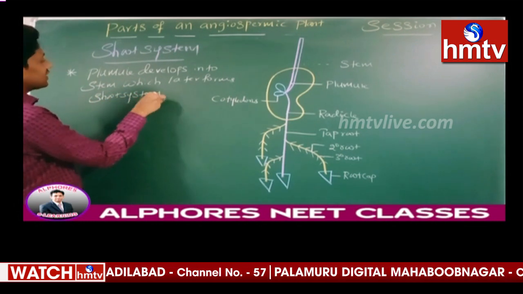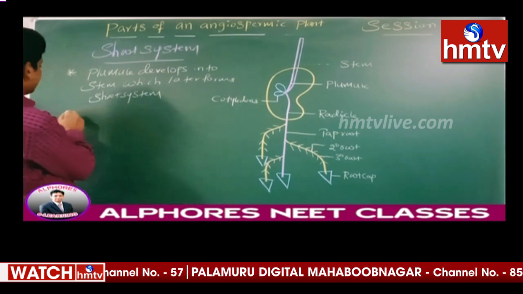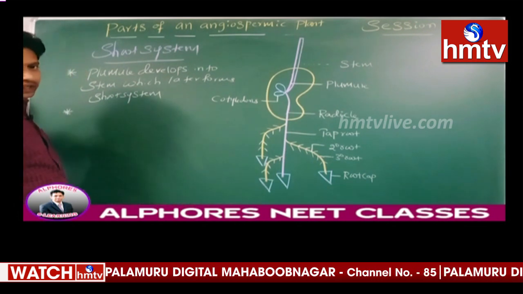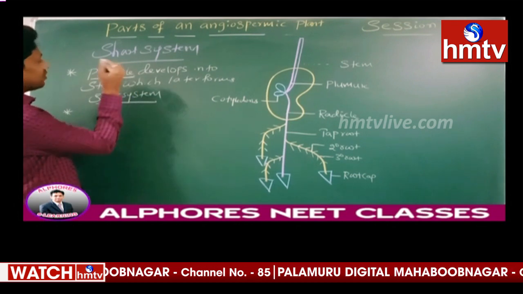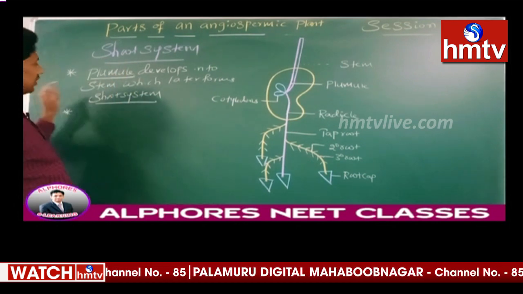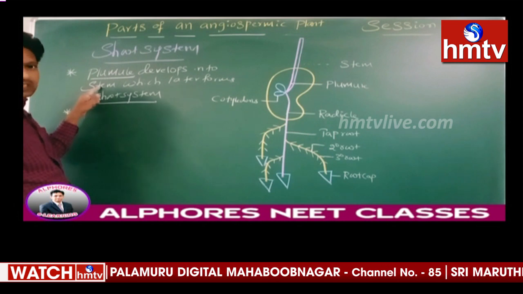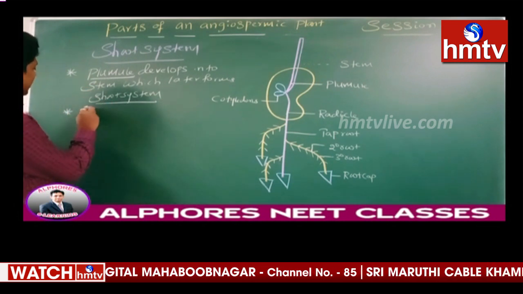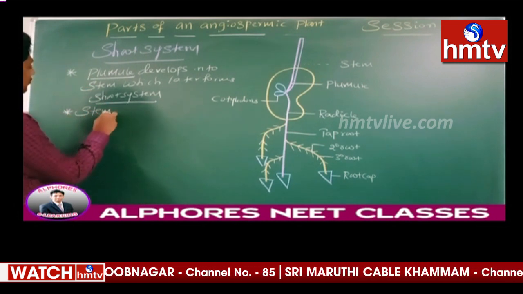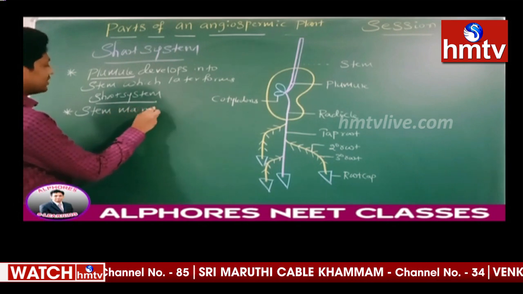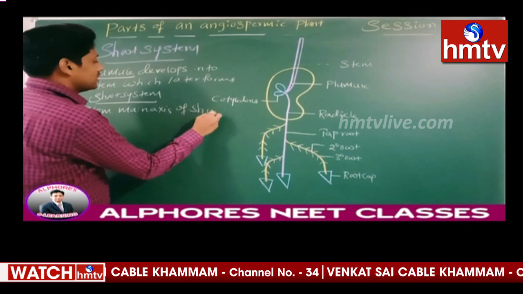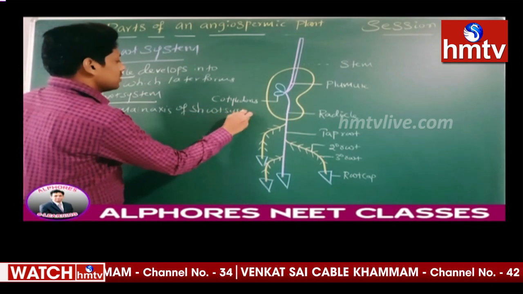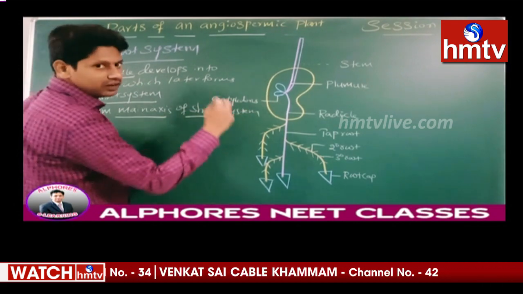Where is the shoot system developed from? Plumule. This stem is the main axis of the shoot system. Stem is the main axis of a shoot system.